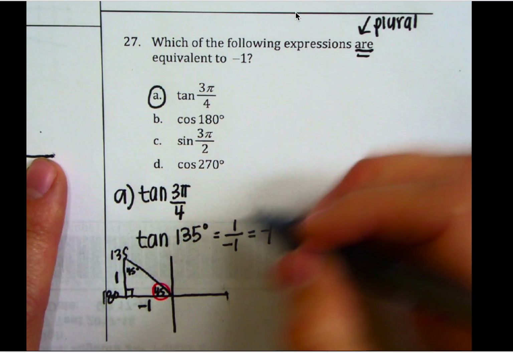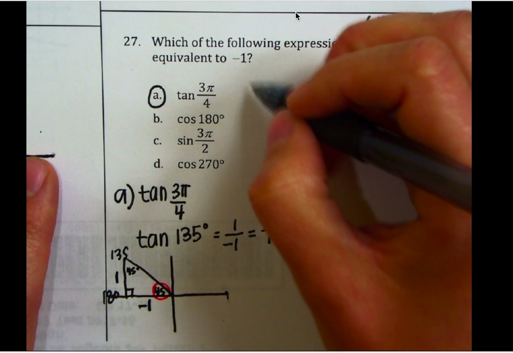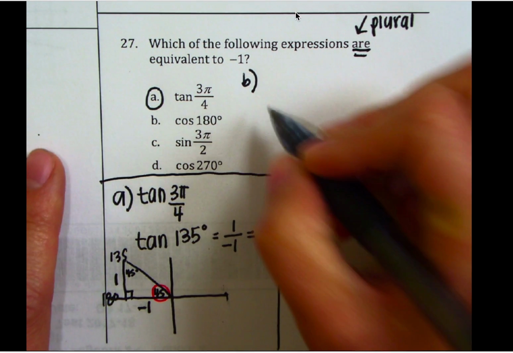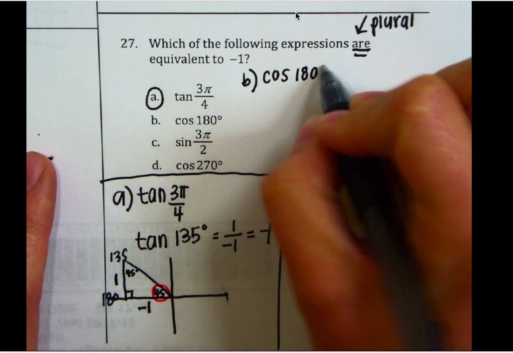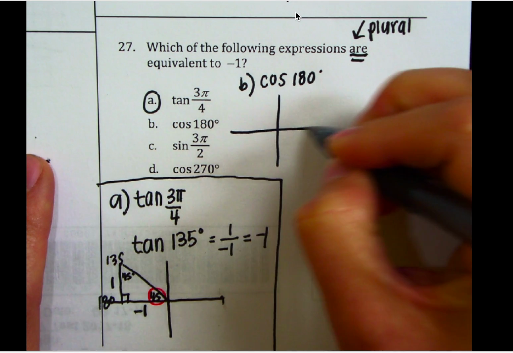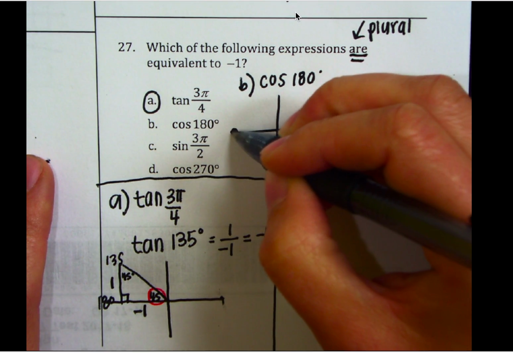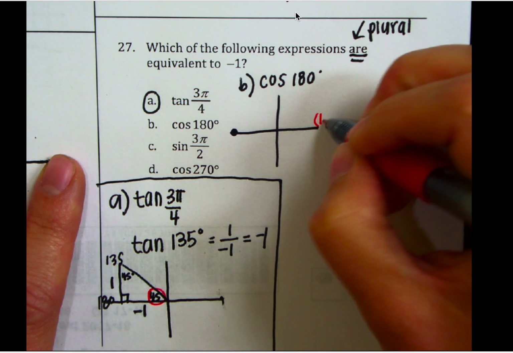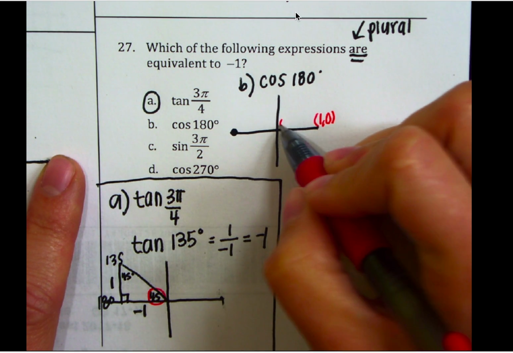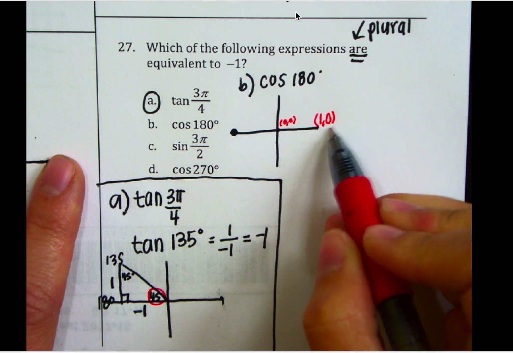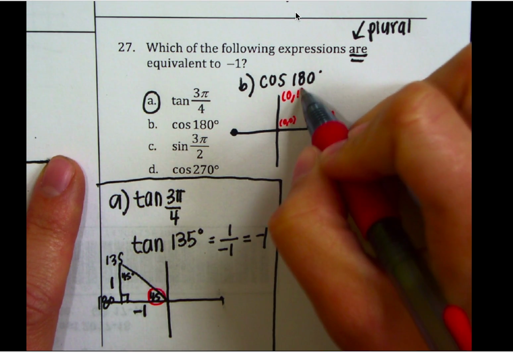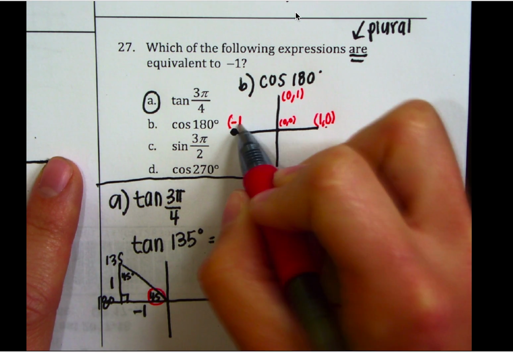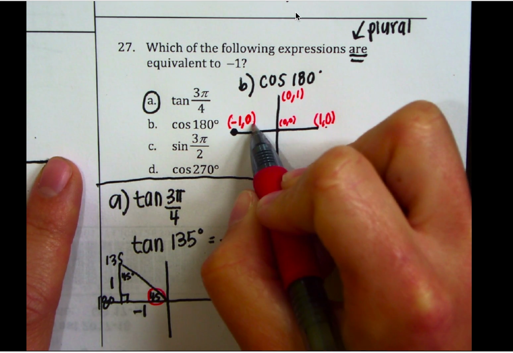All right, let's go to B. Give myself enough room here. I'll do B up here. B is asking for cosine of 180 degrees. So 180 degrees is going to fall on my major x-axis. And I remember my major axes have ordered pairs. So in the middle, origin is 0, 0. So here's 1, 0. 0, 1 is up here at 90 degrees, which means that cosine of 180 degrees gives us this ordered pair.